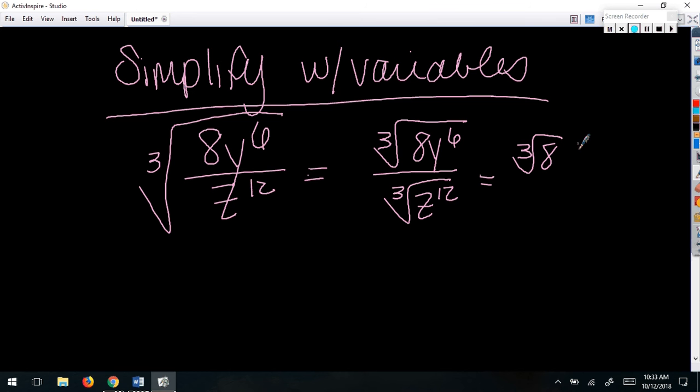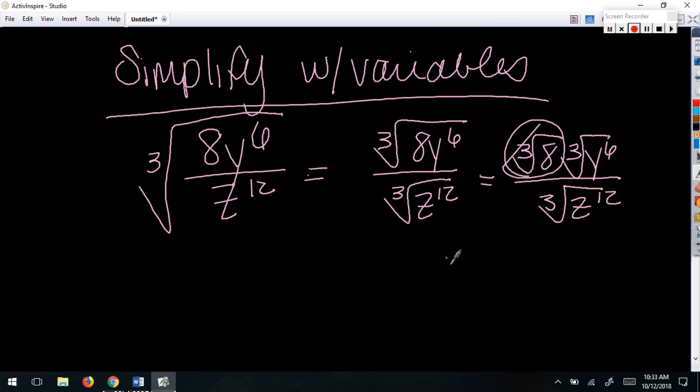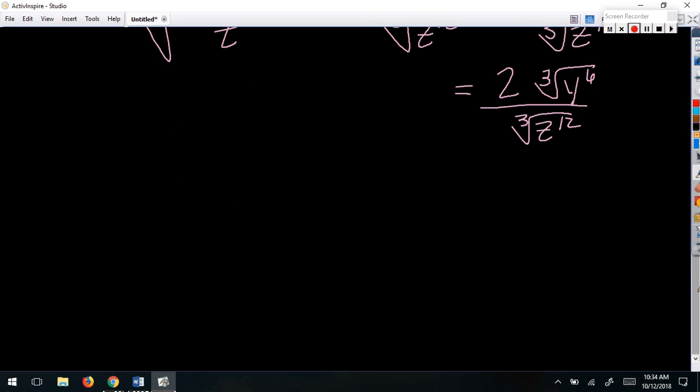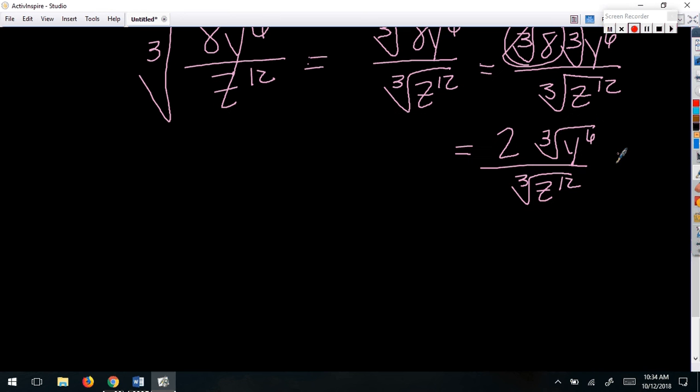All right, so now I have this. All right, so the cube root of 8, I'm pretty sure everyone is familiar with that, is 2. But the problem is whenever I get to the cube root of y to the 6th and the cube root of z to the 12th, I'm not real sure how to simplify that. So what I really want to do is when I get to this point, I want to change forms on these exponents here.